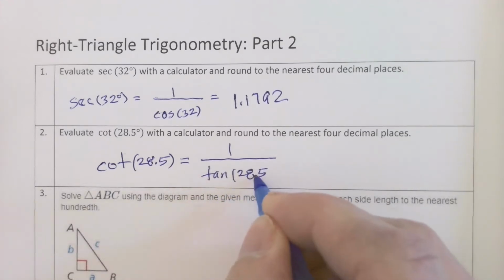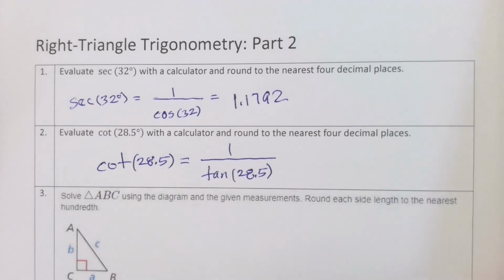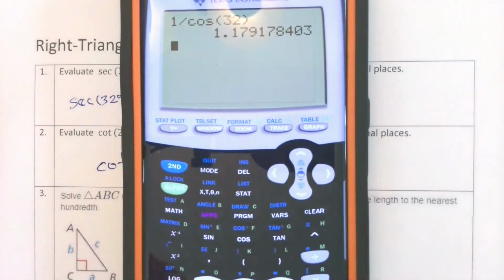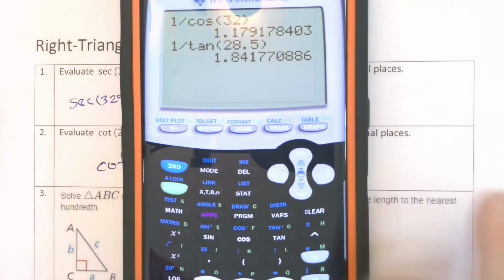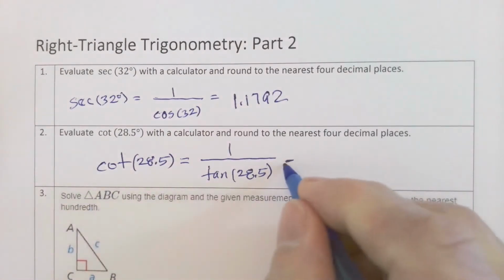Because my calculator does have a tangent button, I can push 1 divided by tangent 28.5, and it comes up to the nearest 4 decimal places, 1.8418.